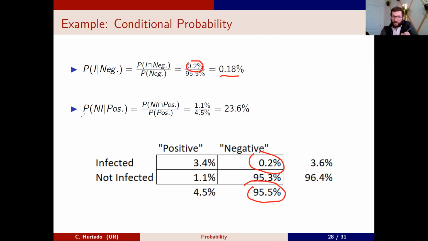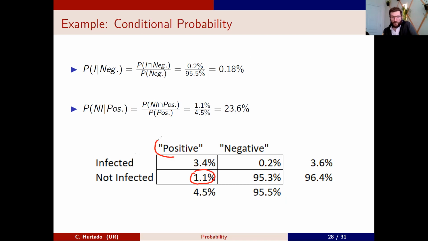Another thing that we can compute is the probability of not being infected given a positive test, right? So the probability of not being infected given a positive test will be the intersection between not infected and positive, which is right here, 1.1%, over the probability of positive.